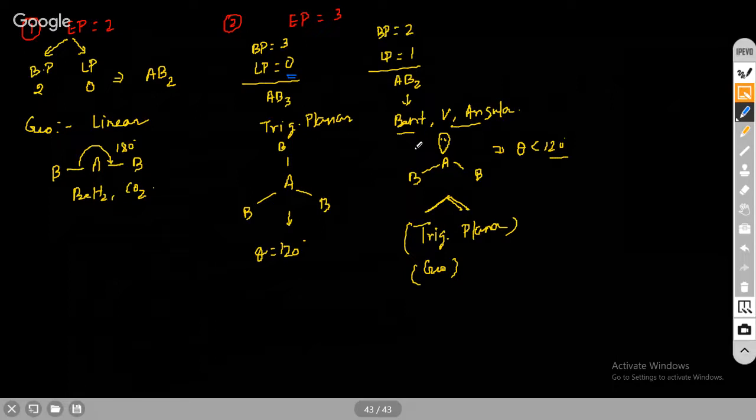You see, for both the molecules, if I take one example here for bent shape, it is SO2, right? And for this AB3 type, suppose I'm taking SO3. So for both the molecules, the geometry is trigonal planar only, right? But the shape for this, since it contains one lone pair, it is bent, and for this trigonal planar, because there is no lone pair.